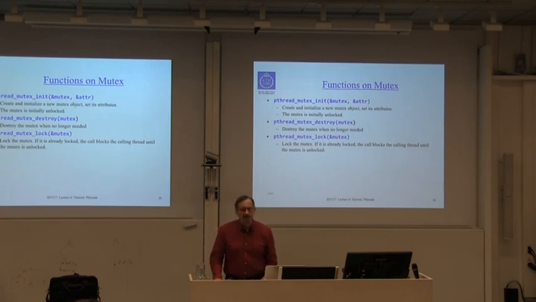This call is potentially blocking, because if the lock is locked, then the calling thread will be blocked here until the lock is unlocked. When this function returns, it means that the thread has locked the lock successfully. It executes the critical section, and then if it behaves correctly, it should call unlock.